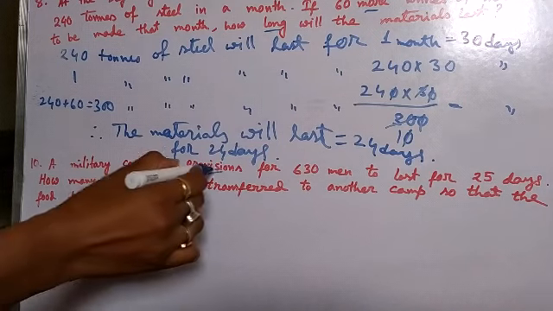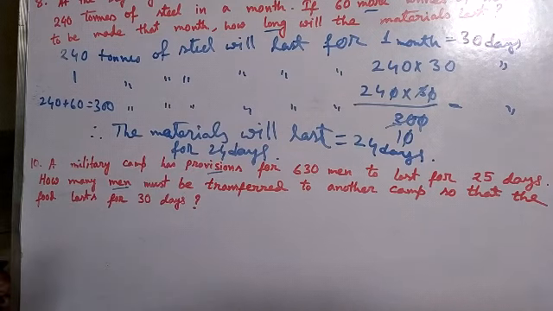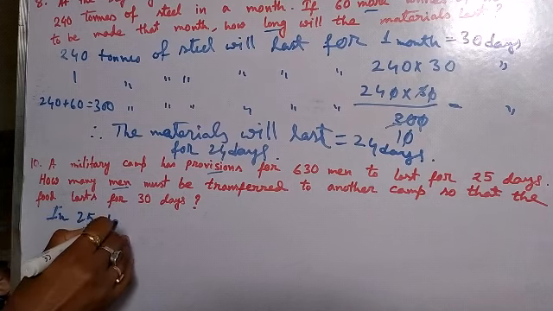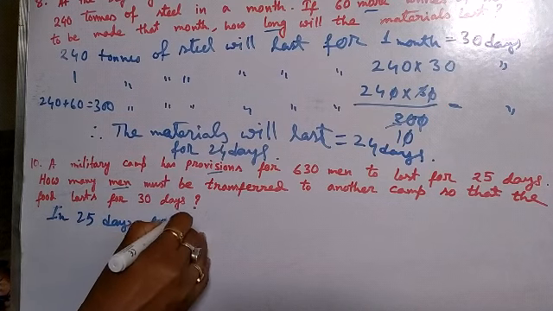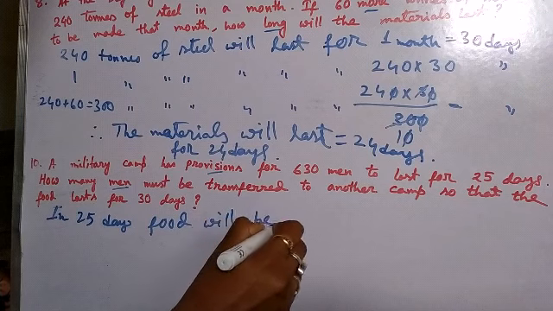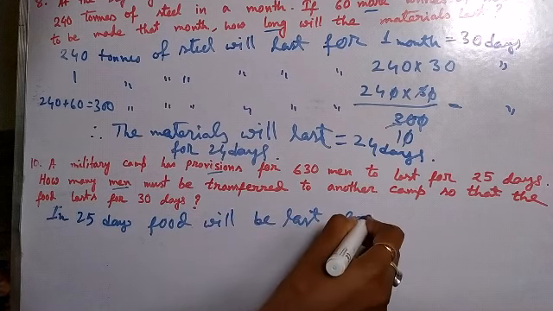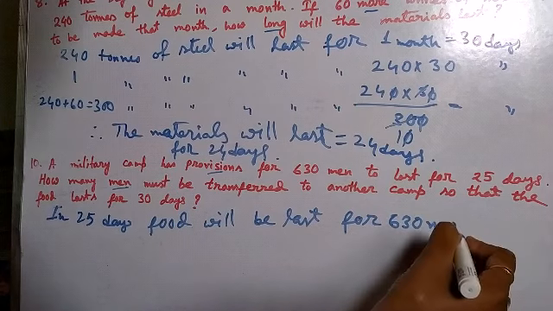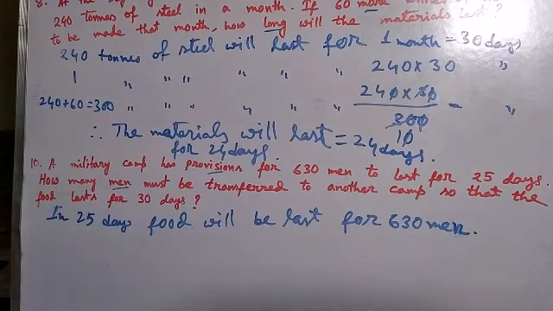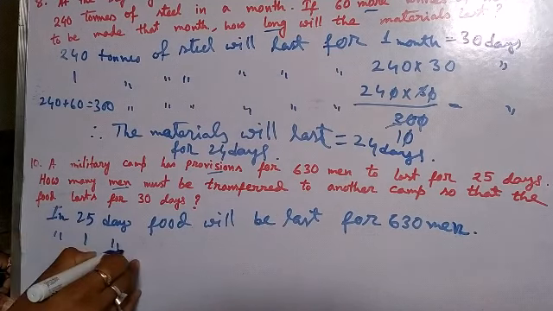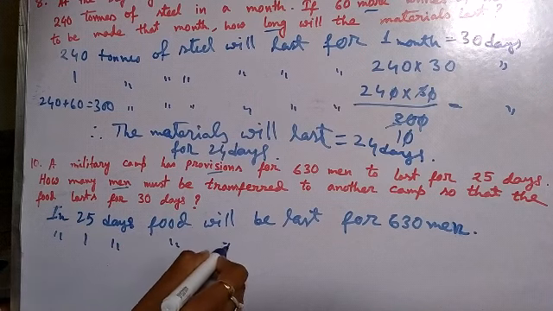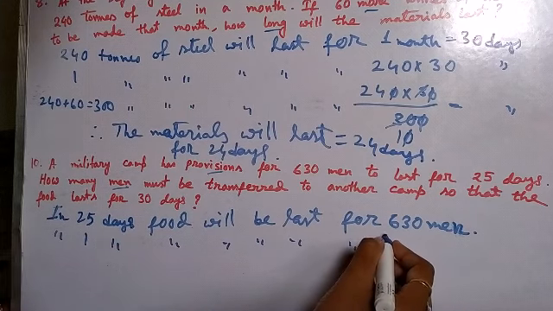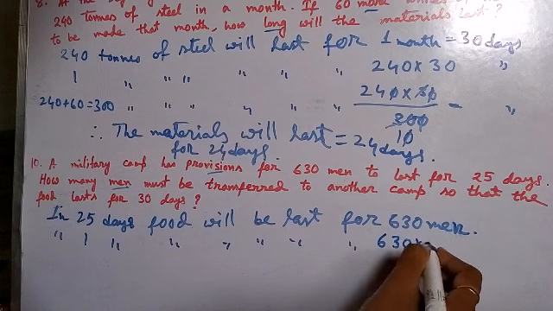So provisions means actually food. So in 25 days, food will last for 630 men. Then in 1 day, food will last for more men, 630 into 25.